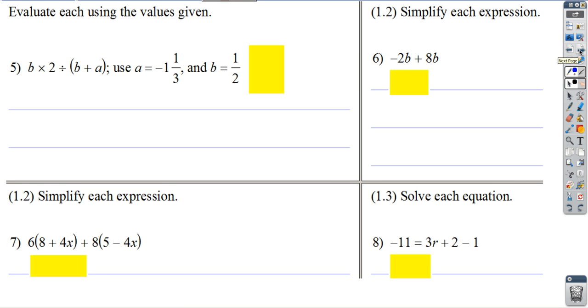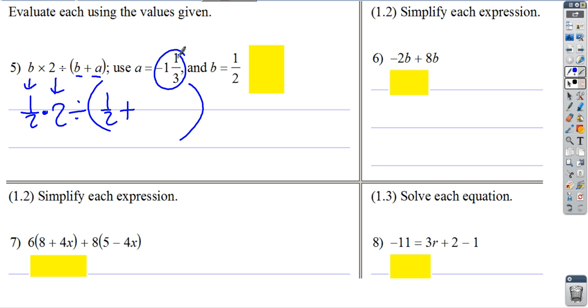We'll do just one more with fractions. That's number 5, where we just have to plug these values in. This is 1/2 times 2, divided by, and in parentheses we have B plus A, which is 1/2 plus A. I'm going to change A into an improper fraction, it's a little bit easier that way.